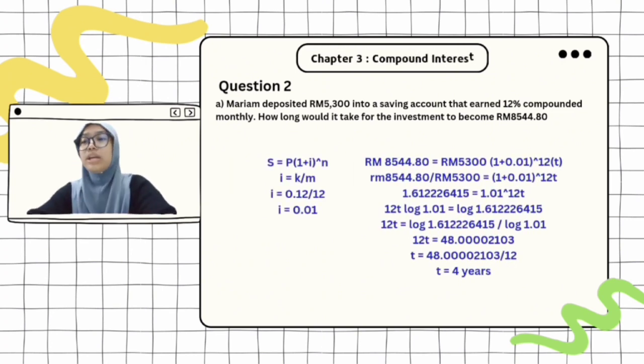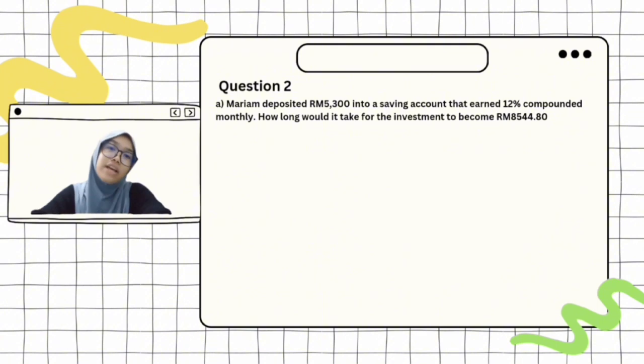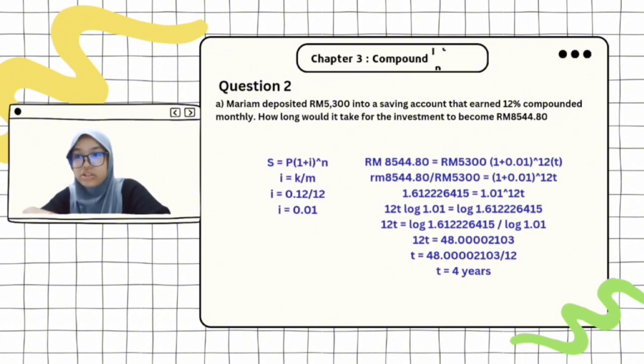So now we have 12T equals log 1.61222 over log 1.01. Now we get 12T equals 48.000202103, and T equals that over 12. We got that it was 4 years.